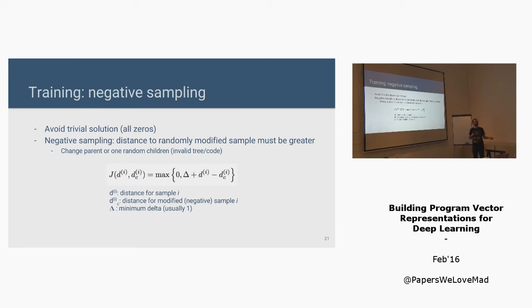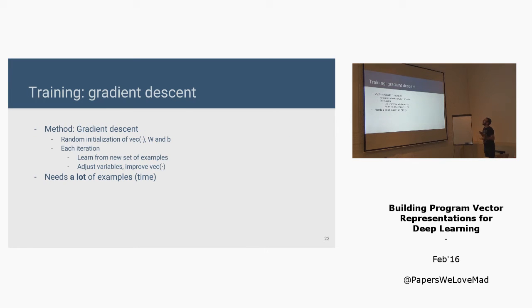I mean, this is like the real trick of the whole thing. You just randomly change one, and that must have a bigger distance. So if we try to minimize this, we are going to get those meaningful vectors.